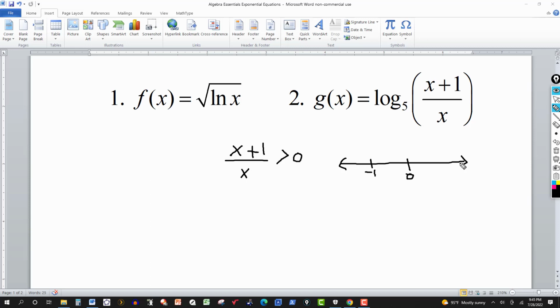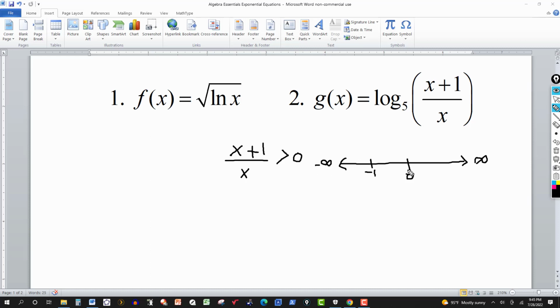This divides the line, and infinity is over here on the right, negative infinity on the left over here. And then we just examine the sign of this expression for numbers from 0 to infinity, from -1 to 0, and from negative infinity to -1.